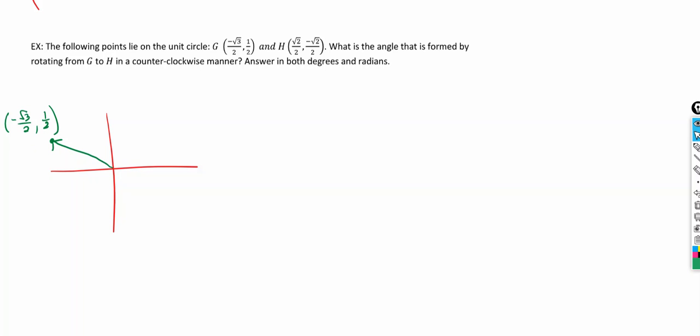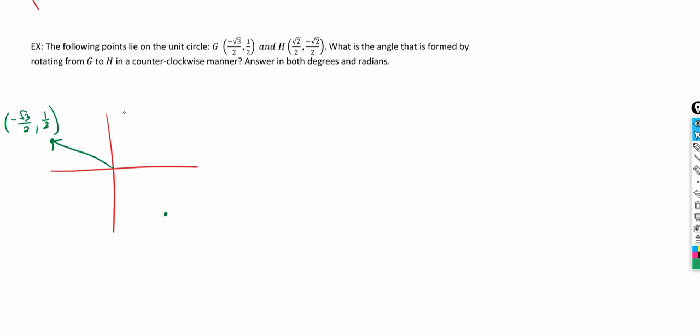Okay, so that's that point there. And then our other point would be at root 2 over 2, comma, negative root 2 over 2, right? So that's going to be a positive x and a negative y. That puts me down in this quadrant, so that's going to be down here on our unit circle.